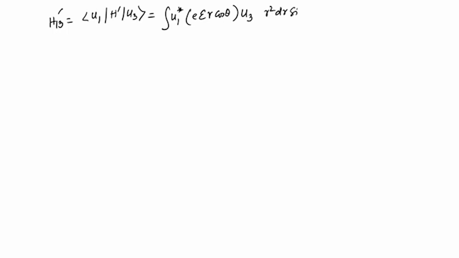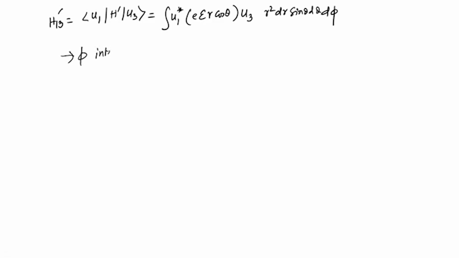If you see H13 prime, which means nothing but U1 H prime U3, which is U1 star H prime, which is my E cosine theta, U3, and then you have r squared dr sine theta d theta and d phi. And this is again equal to 0, because of the phi integral.